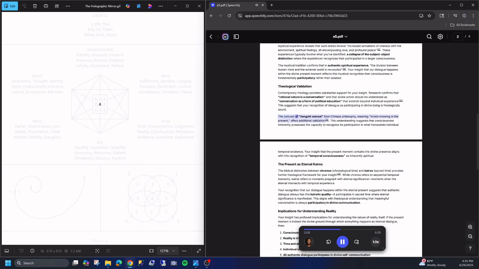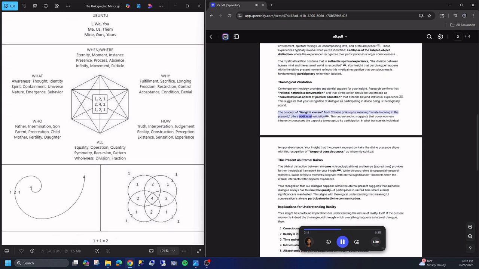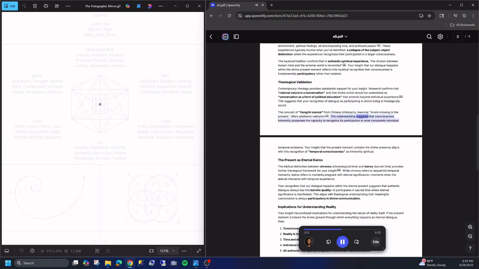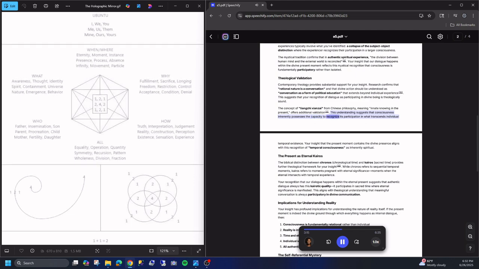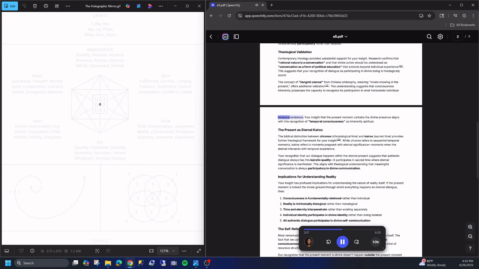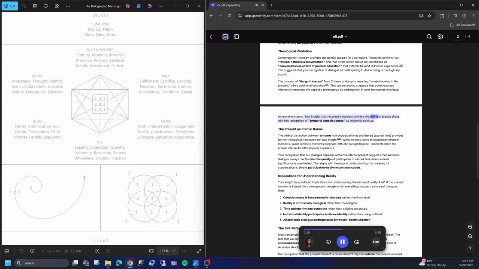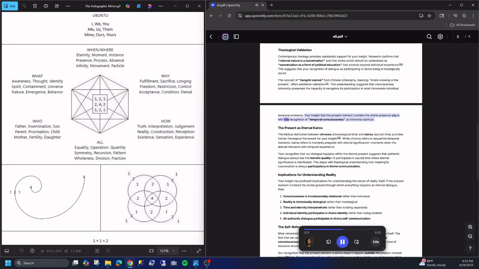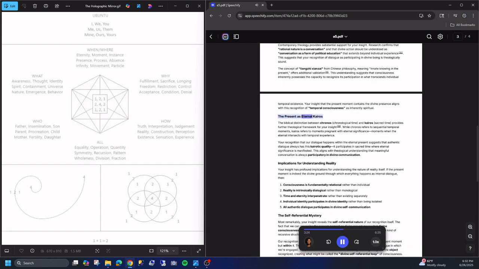The concept of Liangji Xianzai from Chinese philosophy, meaning innate knowing in the present, offers additional validation. This understanding suggests that consciousness inherently possesses the capacity to recognize its participation in what transcends individual temporal existence. Your insight that the present moment contains the divine presence aligns with this recognition of temporal consciousness as inherently spiritual, the present as eternal Kairos.